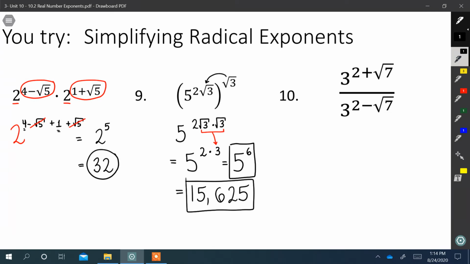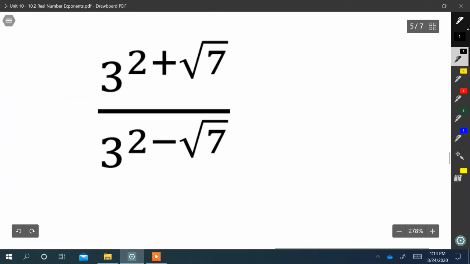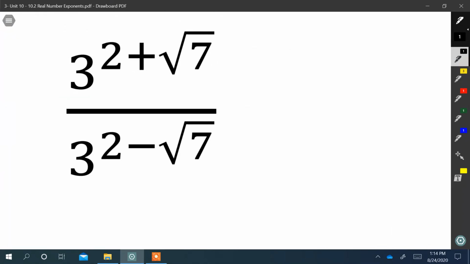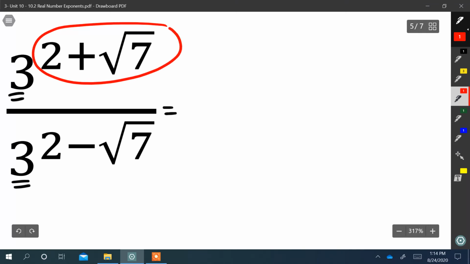Alright, let's do another example, making sure that we understand this clearly. In this one here, we are dividing. One of the cool things about division is that if we have the same base, what we can do is subtract the exponents.